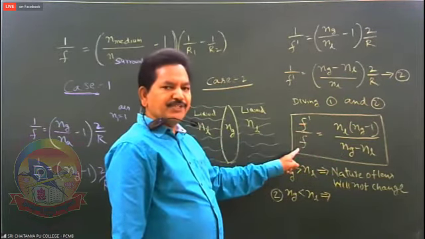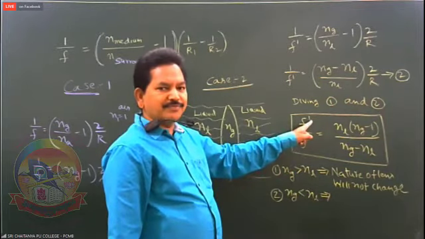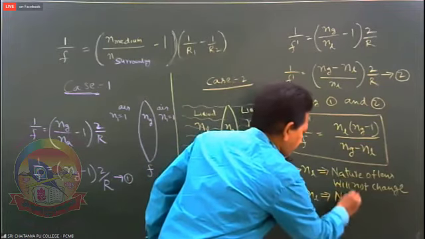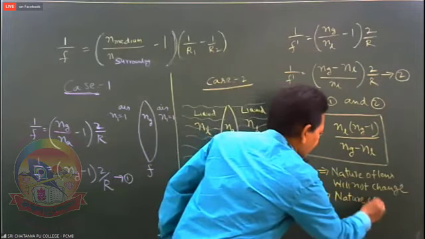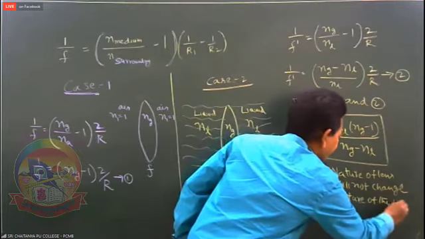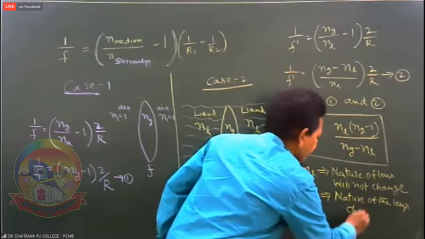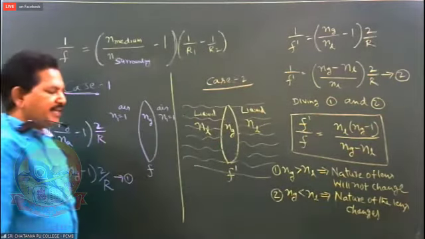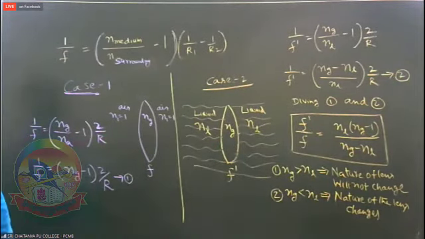If F is negative, F dash is positive. This means the nature of the lens changes. Convex will behave as a concave and concave will behave as a convex, just by seeing the values of Ng and NL.